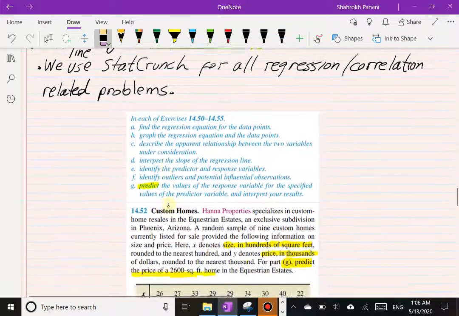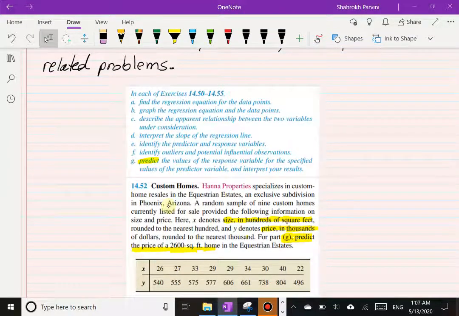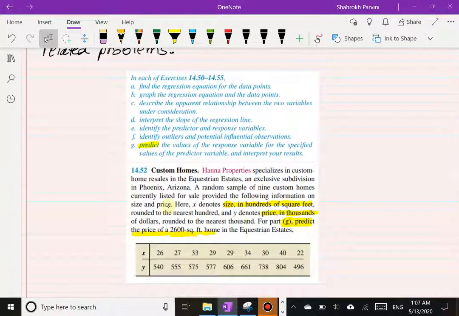Here is the actual exercise that's in the book. Exercise number 52 reads: Hannah Properties specializes in custom home resales in the Equestrian Estates, an exclusive subdivision in Phoenix, Arizona. A random sample of 9 custom homes, so that's your sample size, n is 9, currently listed for sale provided the following information on size and price.